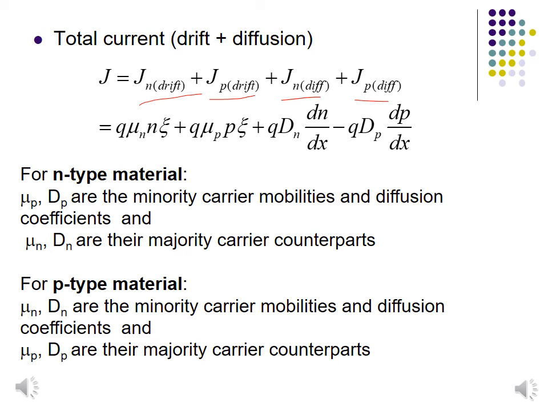Please take note of this negative sign for the hole diffusion current density. Note that the drift current factors have the electric field and mobilities, and the diffusion current factors have the diffusion coefficient and also the differentiation of electron and hole concentrations in them.